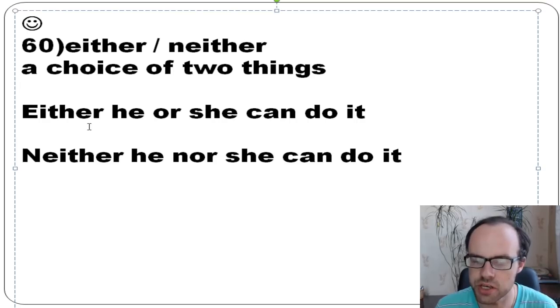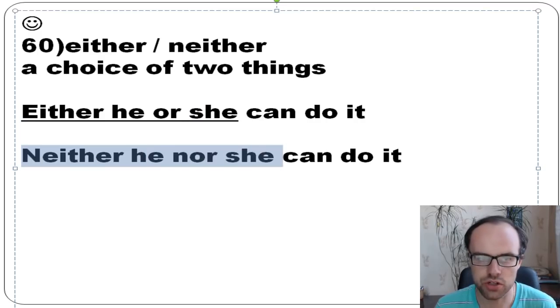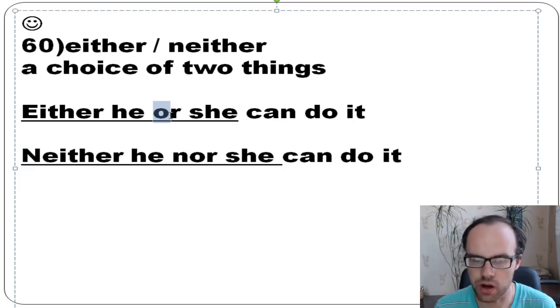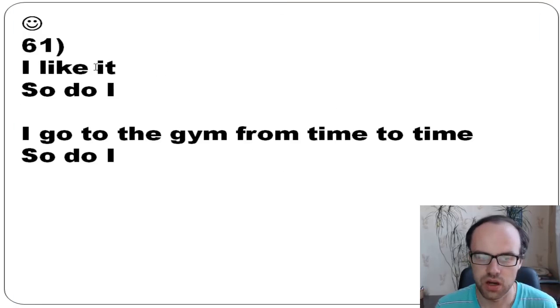So either he or she can do it. If it's a negative form, for example, he can't do it and she can't do it, so they can't do it, you use neither he nor she can do it. So the main thing is that you need to keep in mind that we use or with either and nor with neither.